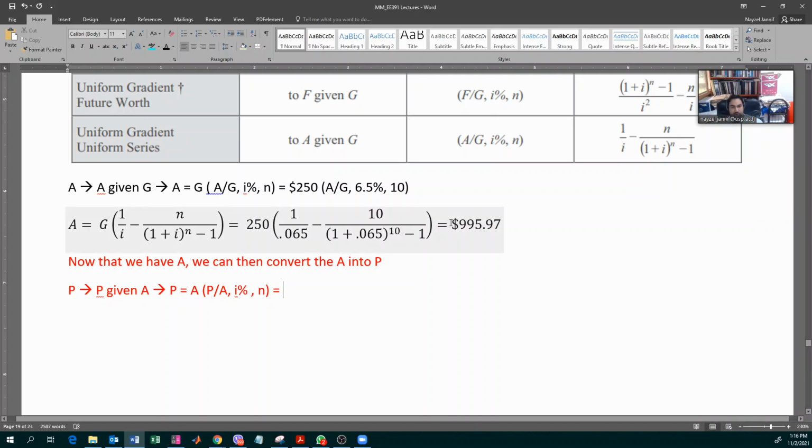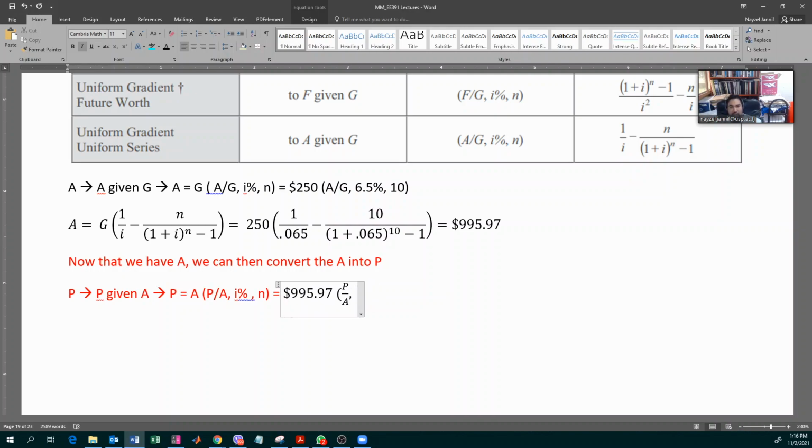We have found it to be $995, and then we want to multiply it by the P given A factor of I percent. What is our percentage over here? 6.5%, and our intervals will be 10 years. Let's now go ahead and calculate it.